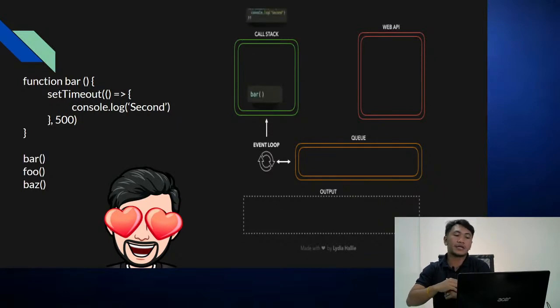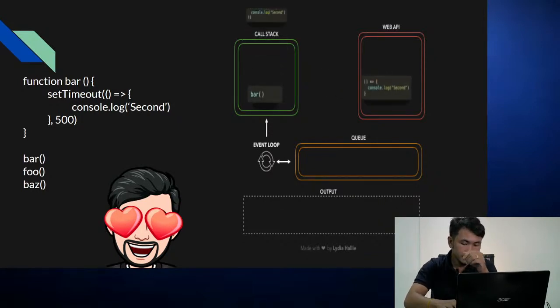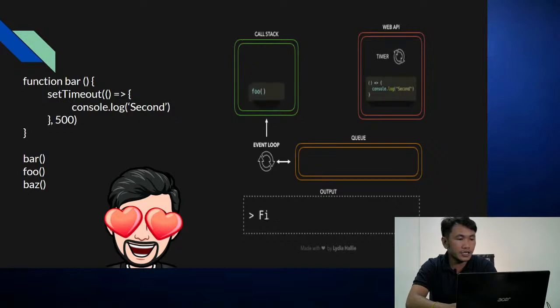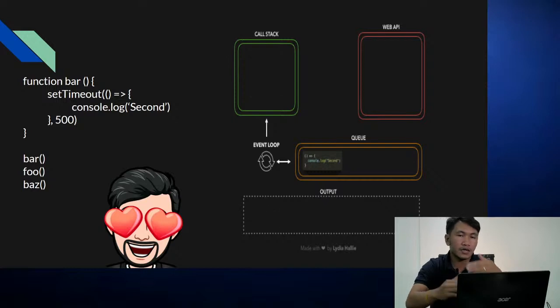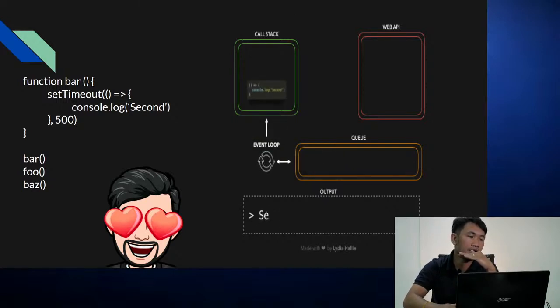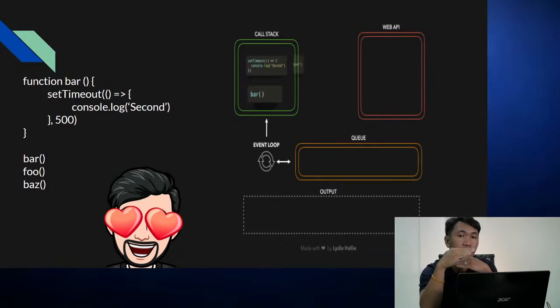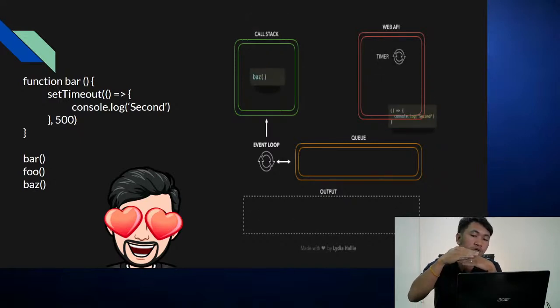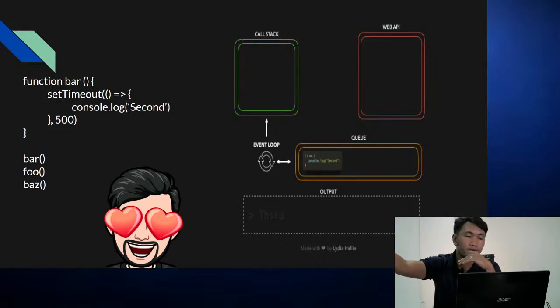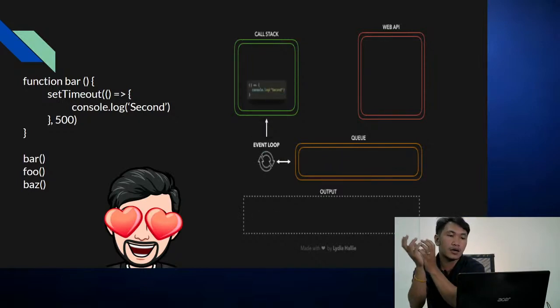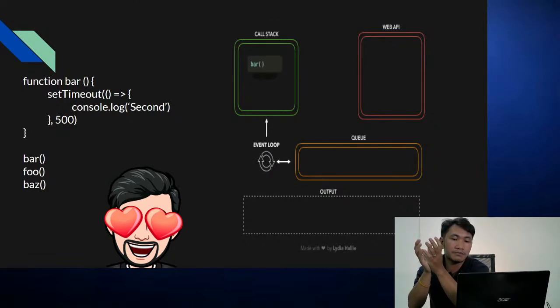So what is happening here is that each of our functions is executed one statement at a time. First is the bar, which goes in the stack, and then it looks at the function. It sees the setTimeout. It executes this setTimeout, which is a web API function. A web API function goes to the web API, and then it has a console log. setTimeout gives a timer, which is 500 milliseconds.